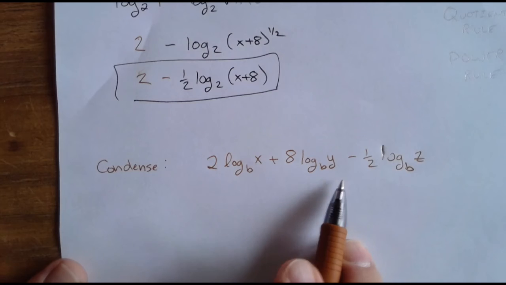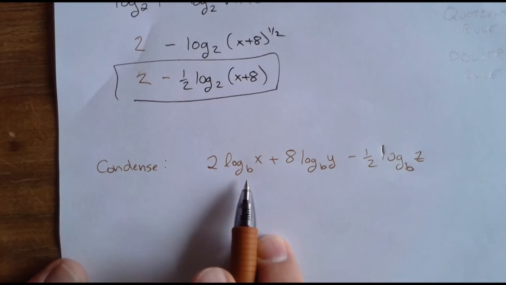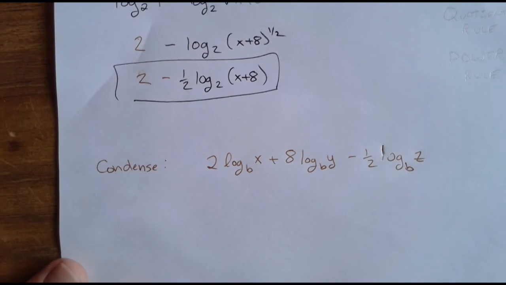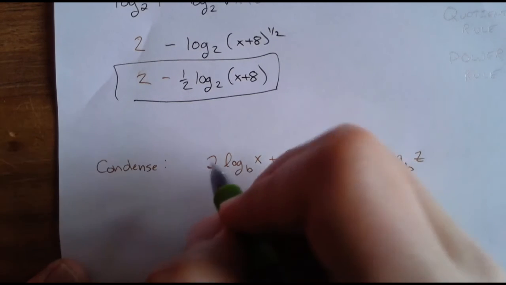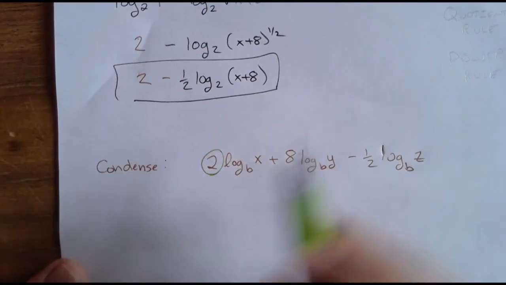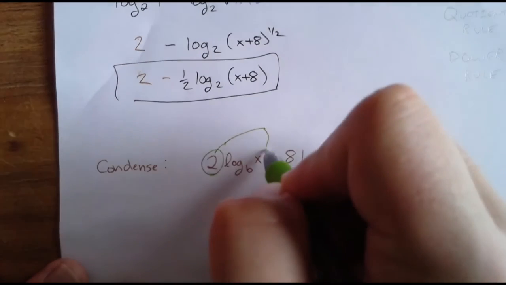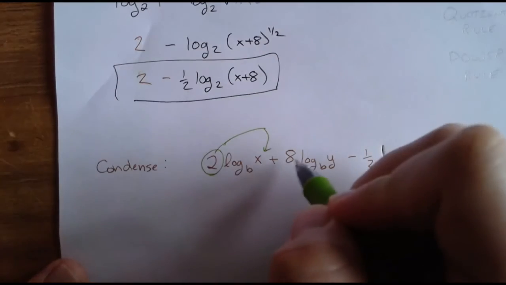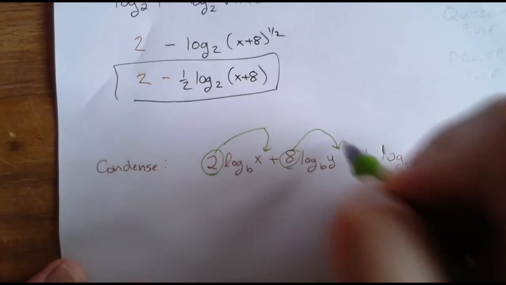Then we'll be able to condense these using the product rule and the quotient rule, using the positives and the minuses here. So this first one, log base b of x squared plus log base b of y to the 8th minus log base b of z to the 1/2.